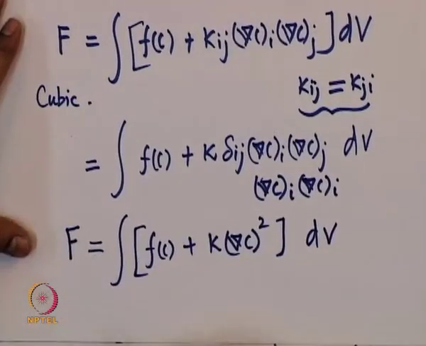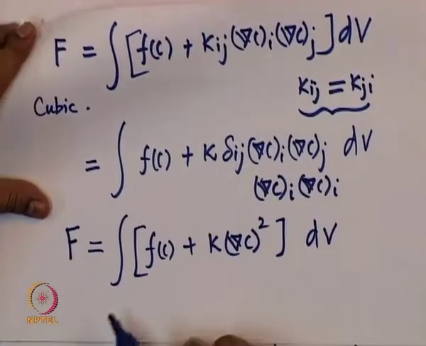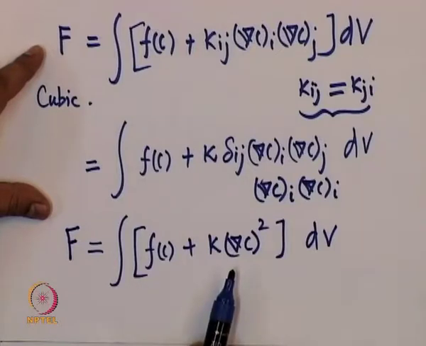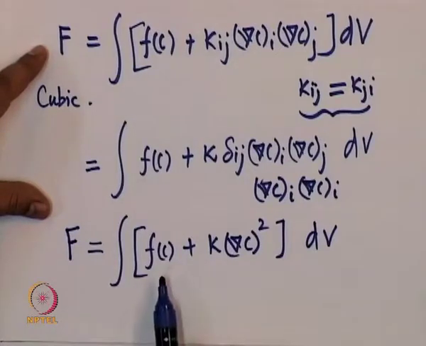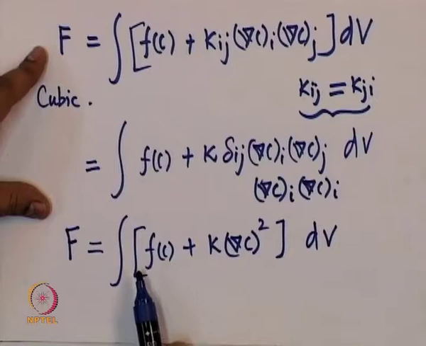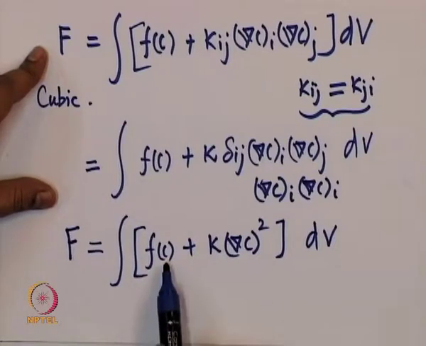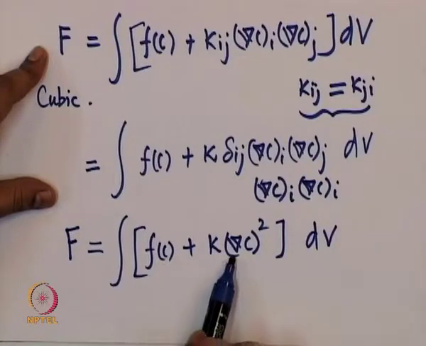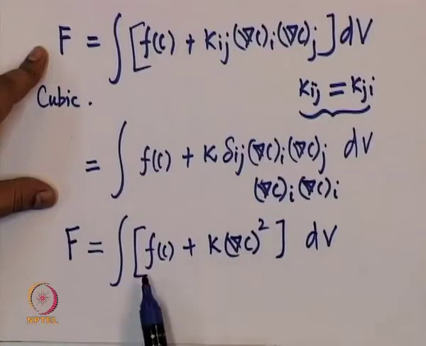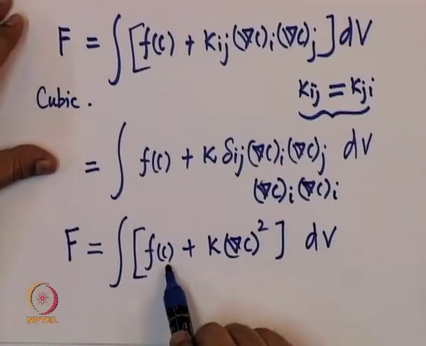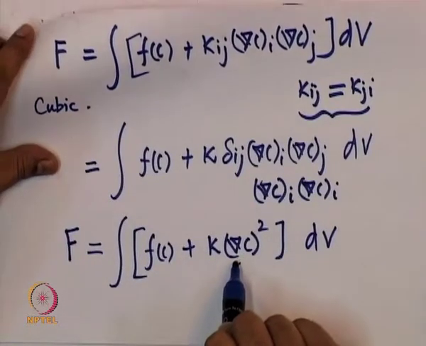This is the free energy functional. The independent variables x, y, z are not explicitly appearing here. C is a function of x, y, z and also time t, and ∇C is the gradient of C. So, we have a functional which depends on a variable C and its gradients.